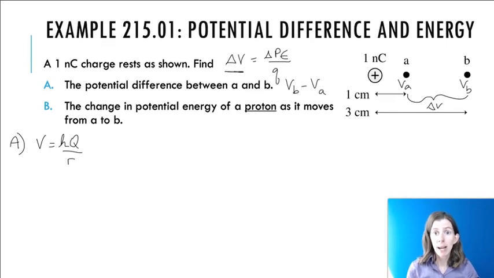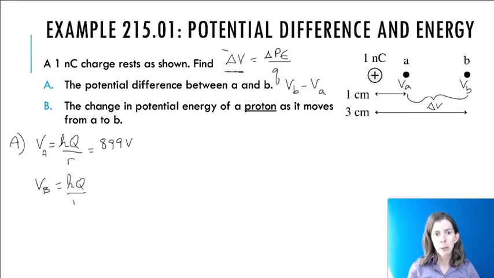We already found the potential at A in the previous video. So the potential at A, when we plugged in all of these values, was 899 volts. We're actually going to do it again for VB, so I'll show you what the difference is.